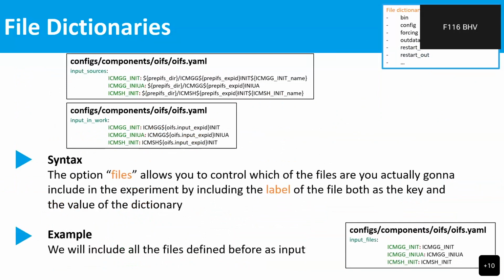You were telling ESM Tools, I want to ignore the source of my namelist that is defined by default in the FESOM YAML, and I want you to use this particular source, which is my particular namelist. And then the target you don't need to touch because the target is the same. It's going to be called the same.